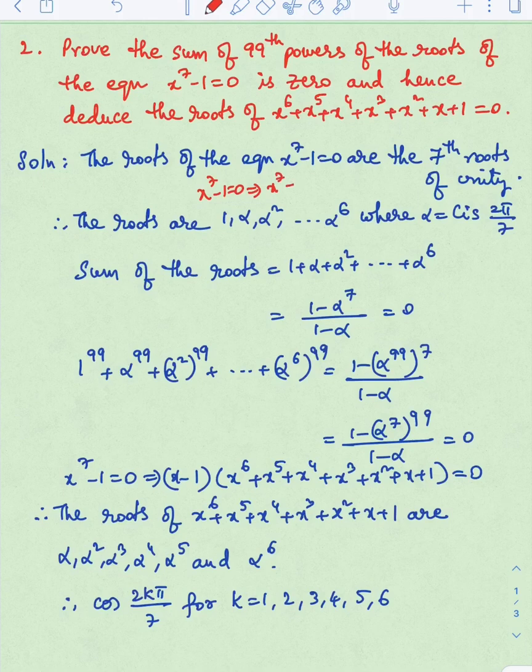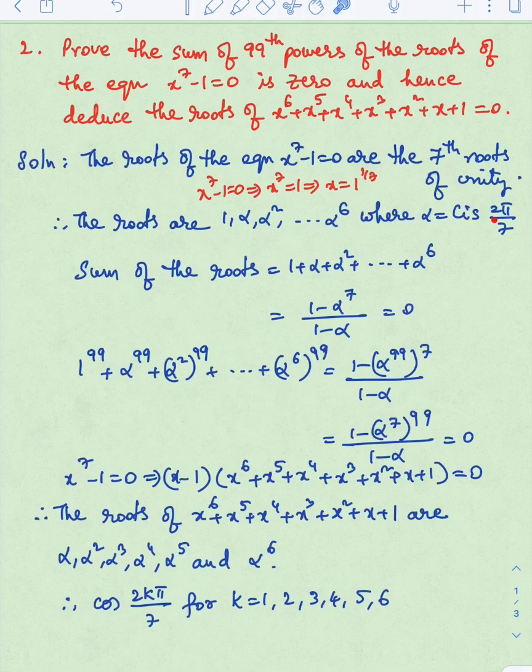By taking x power 7 minus 1 is equal to 0, that is nothing but x power 7 is equal to 1, which is nothing but x is equal to 1 power 1 by 7. It means the roots of this particular equation are 7th roots of unity. Now the roots are what? 7th roots means 7 roots, taken as consecutive terms 1, alpha, alpha square, till alpha power 6, where alpha can be taken as cis 2 pi by 7.